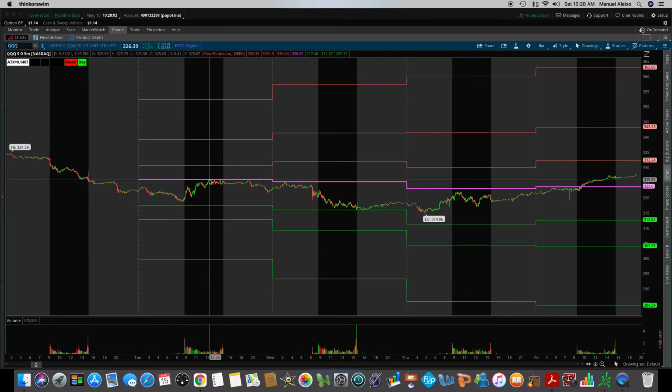That main pivot line then became resistance, and we went sideways the rest of the day. The following day, which is right here, let's call this Tuesday or Wednesday, we opened below the main pivot line, and what did QQQ do? It came back, found support on the first support area, and then just went sideways.